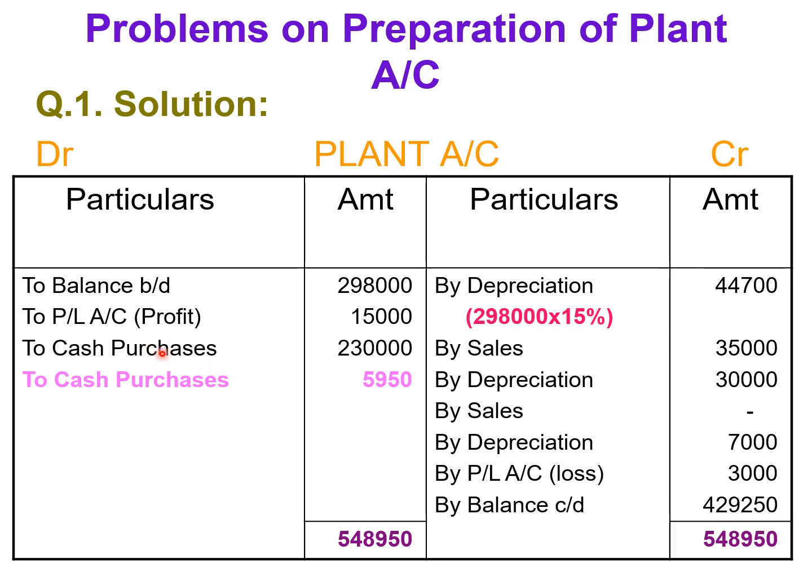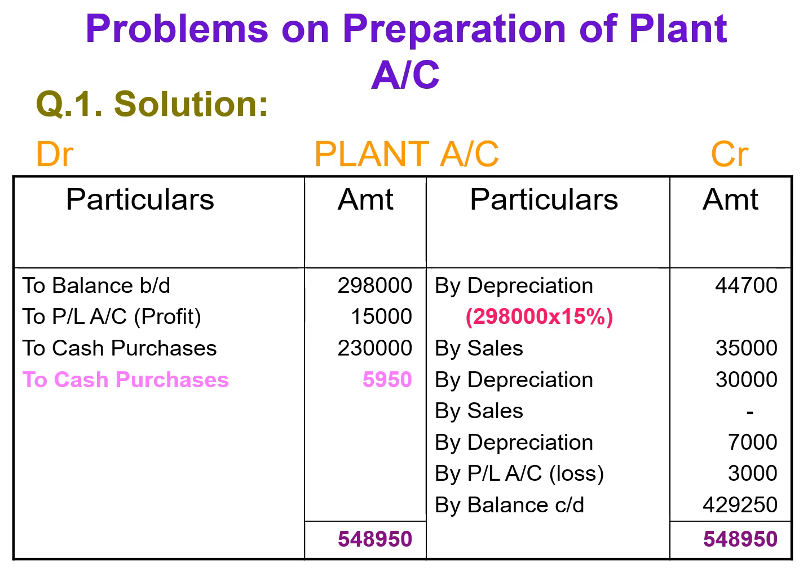Next, we have purchase of plant, that's cash purchase of plant, 2,30,000. When you purchase the plant, it comes on the debit side. If you check it, you get the credit side total is more by taking closing balance. You get a difference of 5,950, which indicates that this is the additional extra plant purchased.